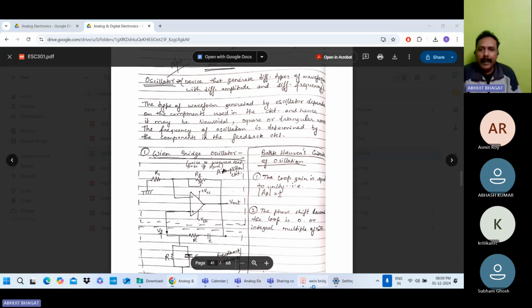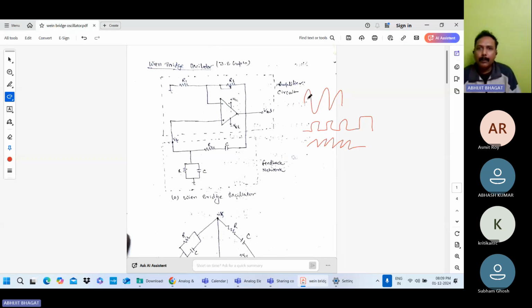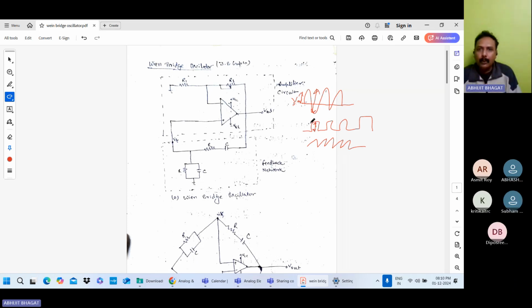So whatever the frequency and amplitude of this waveform, suppose here this is the baseline, or this is the peak to peak amplitude. So this is the amplitude. So in case of oscillator, you are getting the waveform with different amplitude, and the amplitude may be varied, and different frequency.